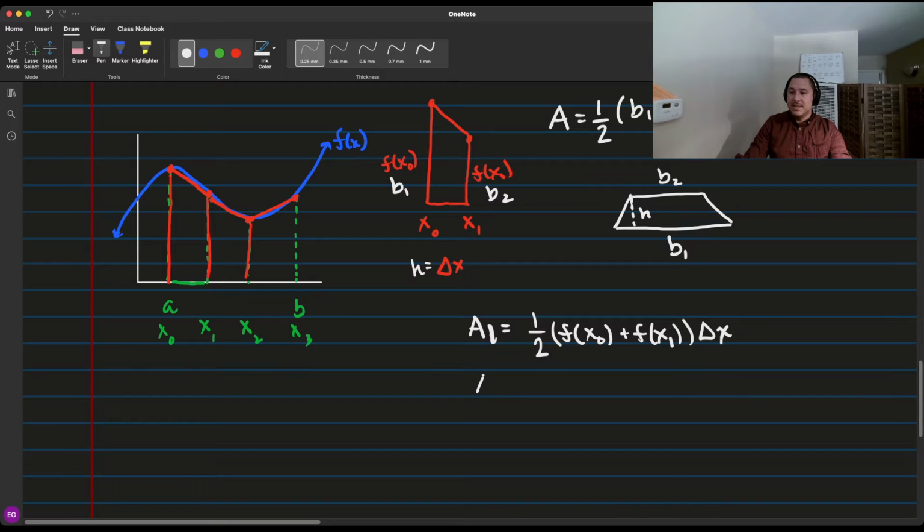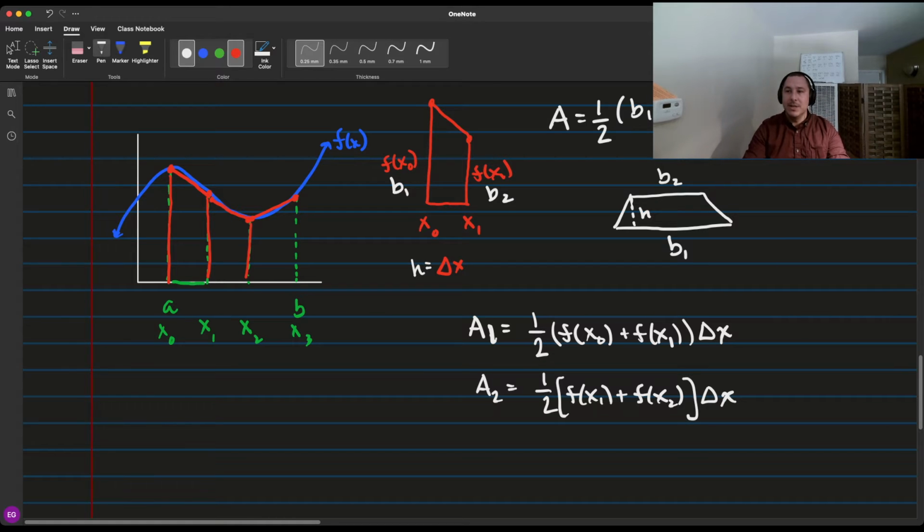Just to give you an idea, the second trapezoid will be 1/2 of f of x1 plus f of x2, times delta x. Notice for the first trapezoid, the second number matches, and for the second trapezoid, the second number matches. So why am I doing this? So that you can figure out that Ai is going to be 1/2 of f of x i minus 1 plus f of x i, times delta x.